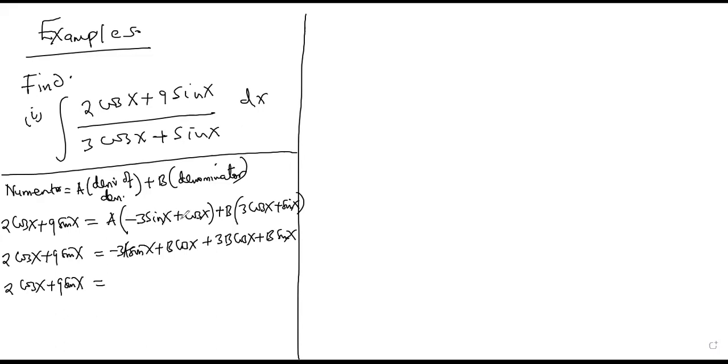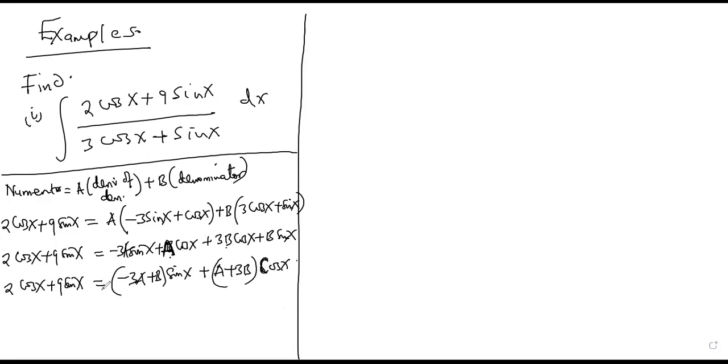Negative 3a sine x plus a cos x. It is supposed to be a, right? Good. So when you look at these, you factorize the ones of sine x and the ones of cos x. For sine x, we shall have negative 3a plus b sine x, then plus those of cos, it is a plus 3b, then cos x.